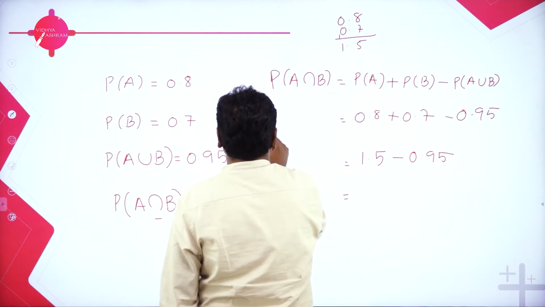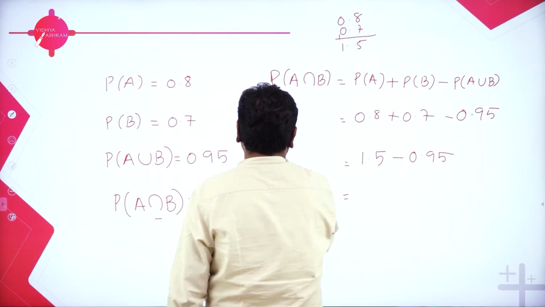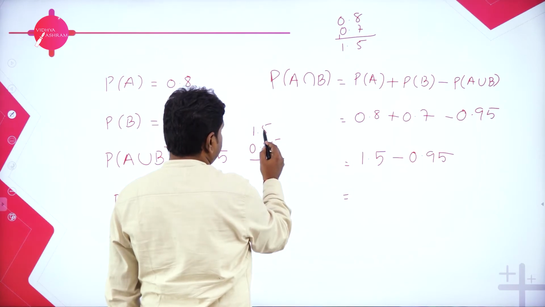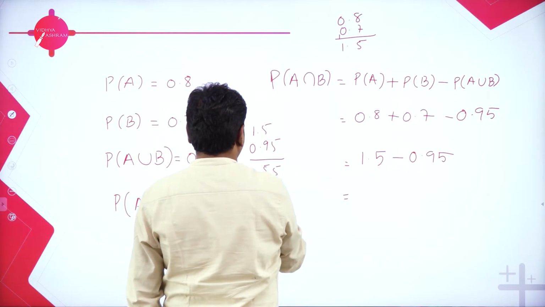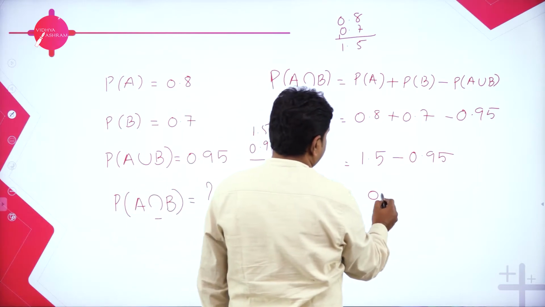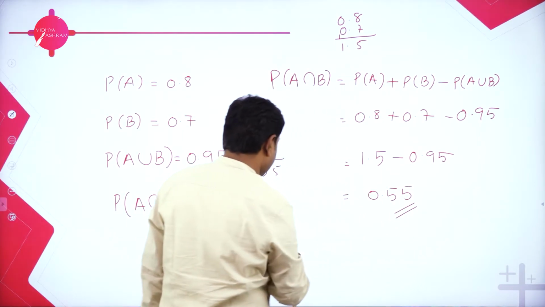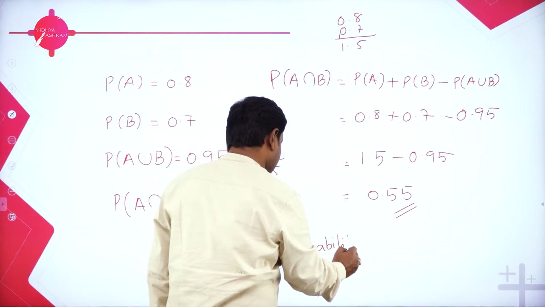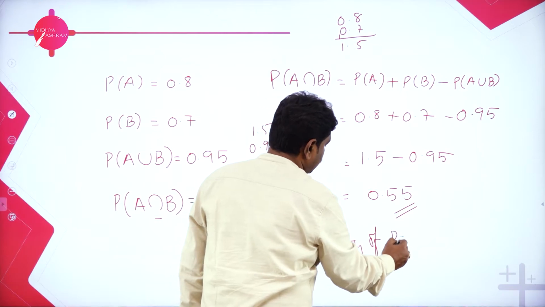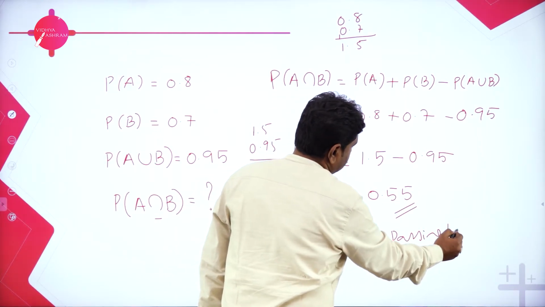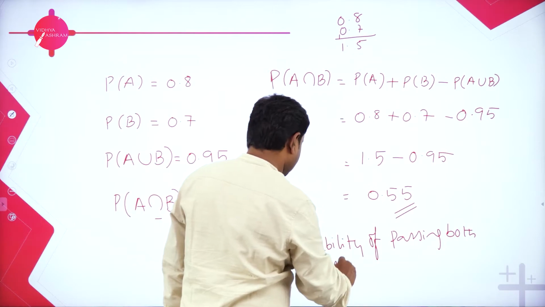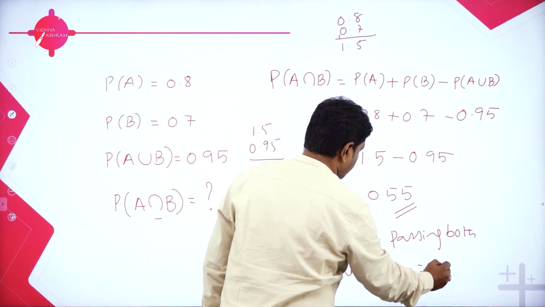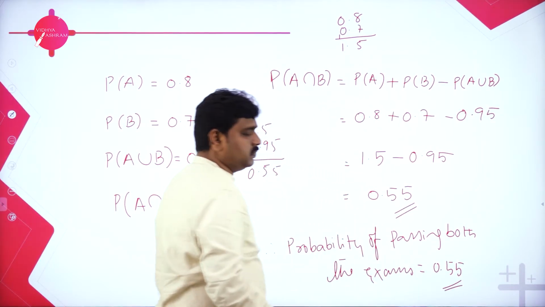So 10 minus 5 is 5, 14 minus 9 is 5, this will become 0.55. Therefore, probability of passing both the exams is equal to 0.55. I hope all of you got it.